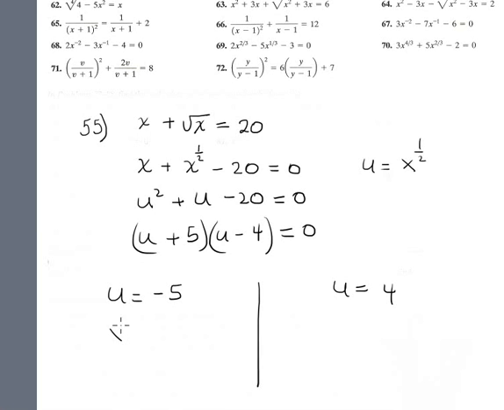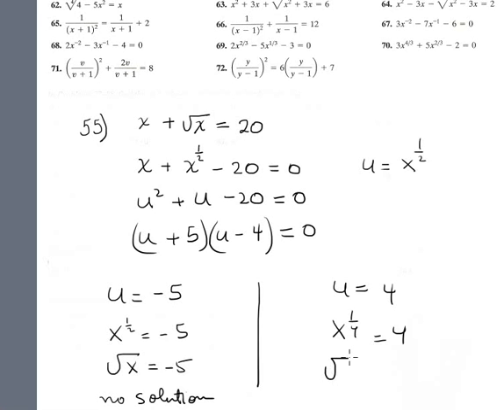The original variable is x to the 1/2 equal -5, and x to the 1/2 equal 4. This is square root x equal -5. Of course, no solution, because a square root is never negative. This is square root x equal 4. We square both sides. x is 16.